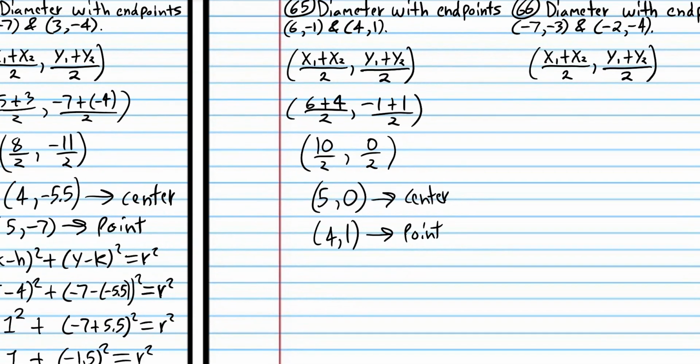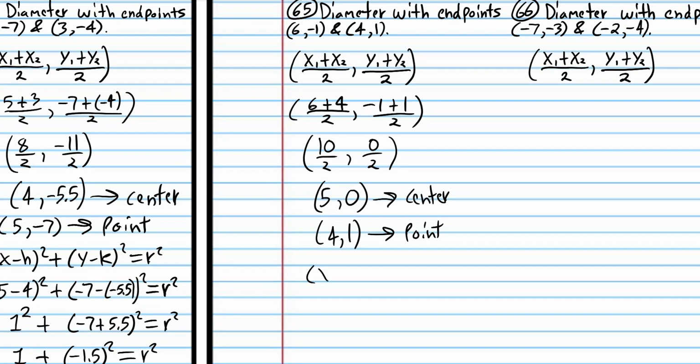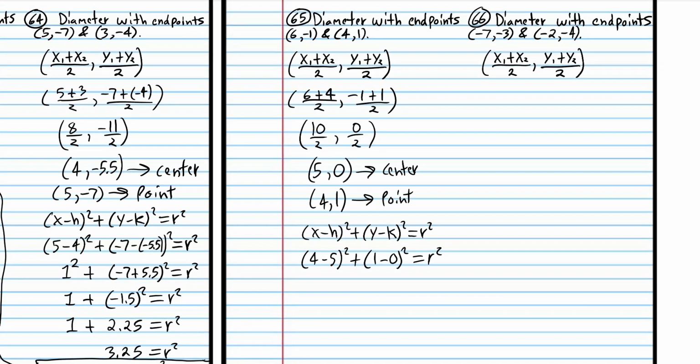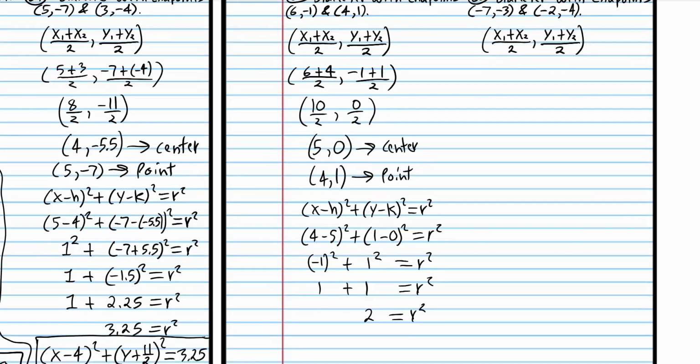So now we're going to write the general form of a circle, and x would be 4 minus the x value of the center, y would be 1 minus the y value of the center. And you can see this math is going to be pretty easy. So we have negative 1 squared plus 1 squared is equal to r squared. And we got 1 plus 1 is r squared, and r squared is going to be 2.